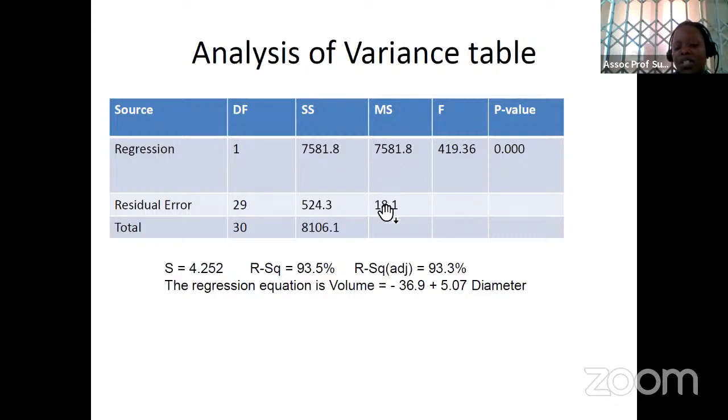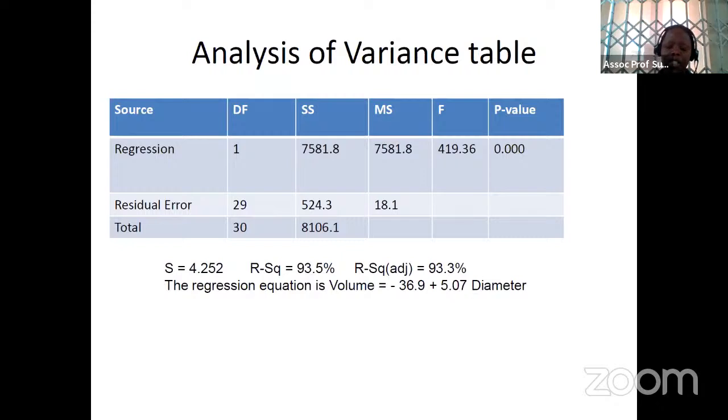And for residual, it is 524.3 divided by 29, which gives us 18.1. The F value is the ratio of mean square regression and mean square error or residual. Then the P value, we use the principles of probability to calculate it. So if you know probability, you can calculate the probability of F equal to 419 using the F distribution table.